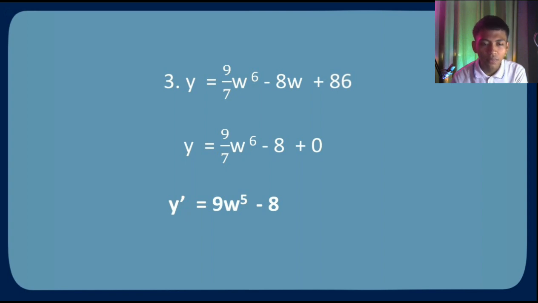Again, the same process, we have to subtract the exponent. 9w to the 5, and then minus 8w plus 86. The 86 is a constant, that's why it became 0.